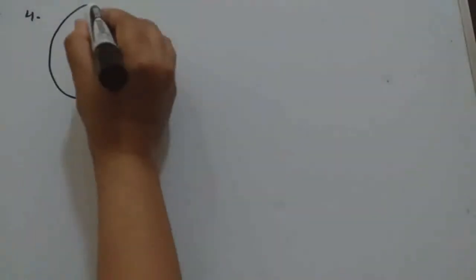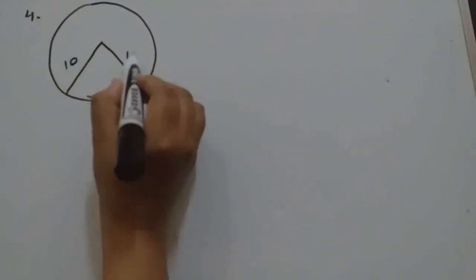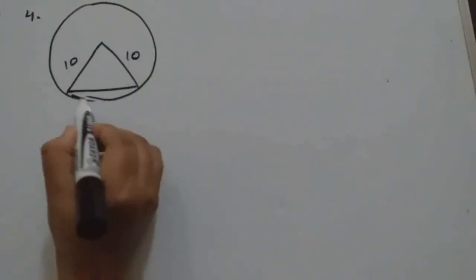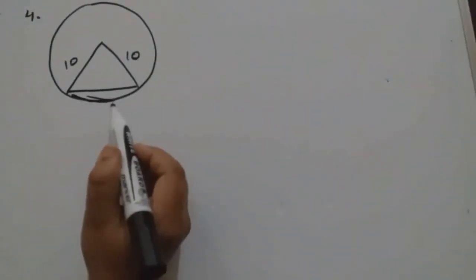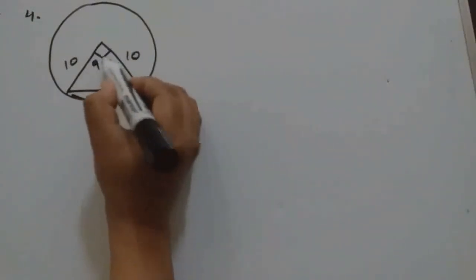Question number 4 is, chord of a circle radius 10 centimeter. This is chord, which subtends a right angle. So this angle is right angle at the center.